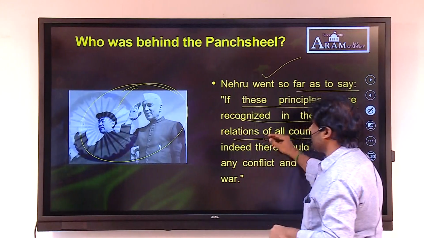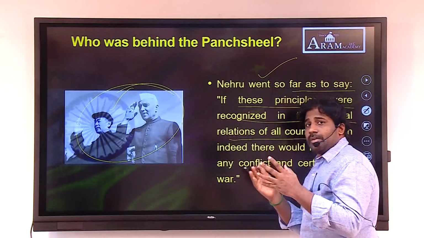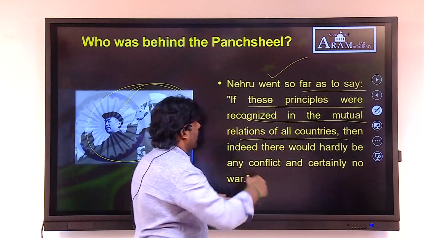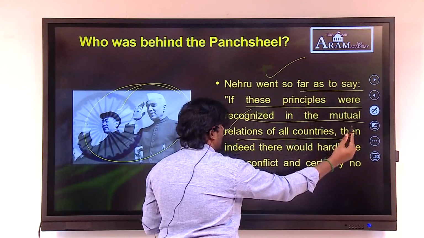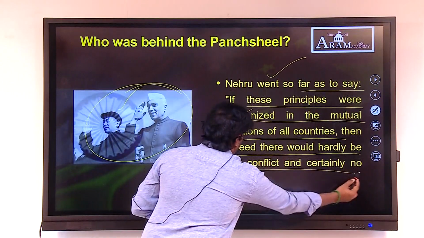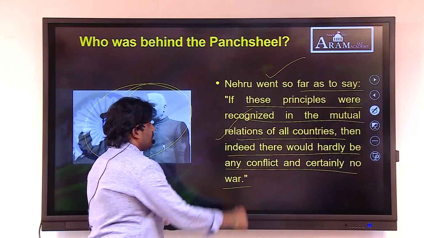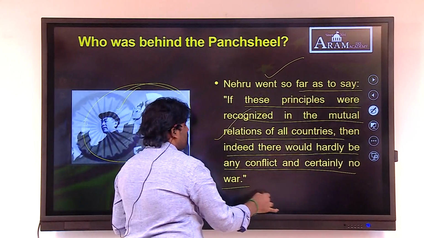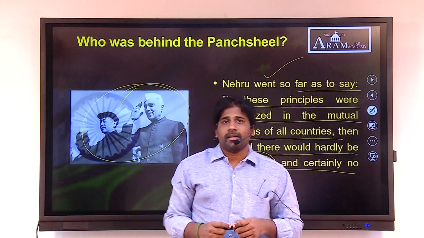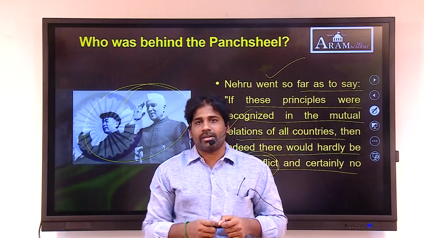He clearly says if these five principles become part of any treaty or any mutual relationship between nations, then indeed there would be hardly any conflict or certainly no war. So this treaty would definitely stop all war and reduce any type of conflict between nations. We should have a doubt here.